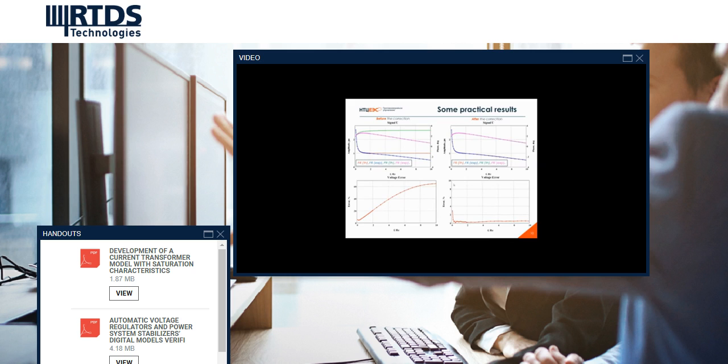On this slide, you can see some results of applying our method for several voltage regulators. In the left part of the table, you can see the results comparing the initial manufacturer models with experiment frequency responses. So here is the experiment. Here are the manufacturer model results.